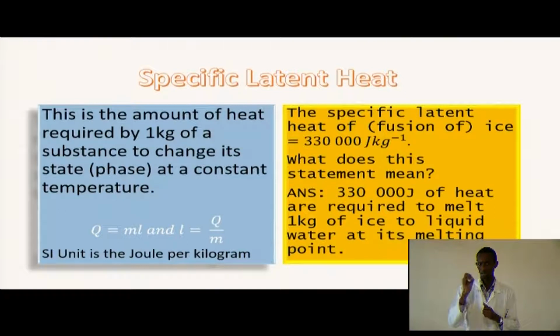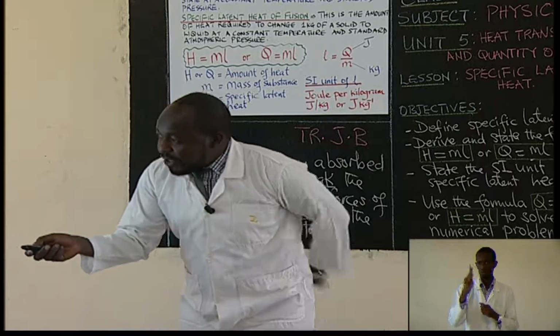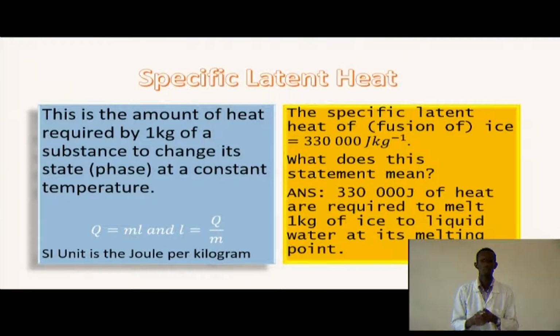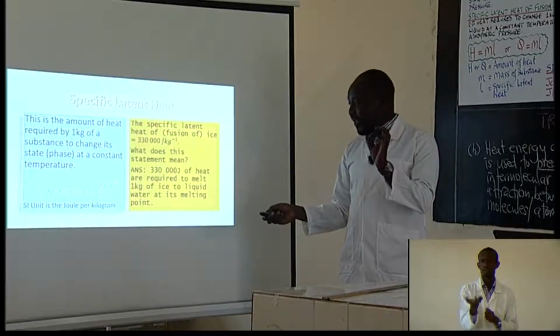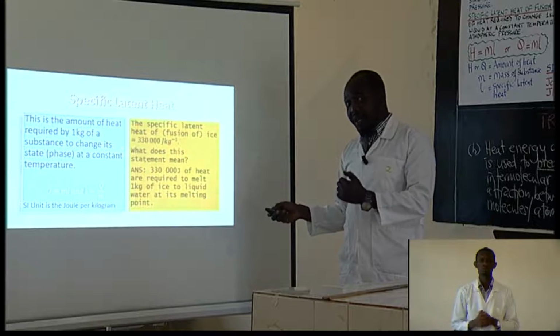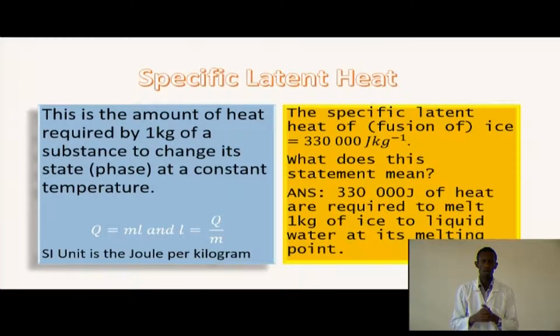So, what does this statement mean? This is very important. This statement means that 330,000 joules of heat are required to melt how many kilograms of ice? 1 kilogram of ice at standard pressure and at the melting point of ice, which is 0 degrees Celsius.